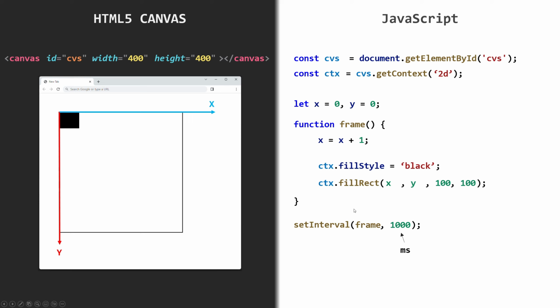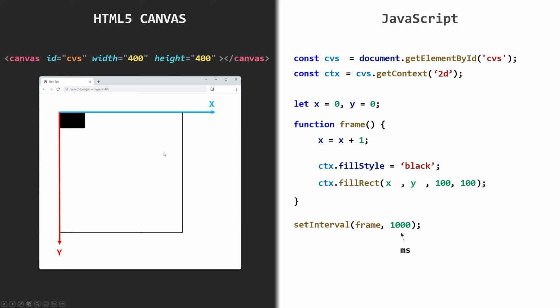Then on the third call, we're going to see another rectangle and so on. So the difference here is that for the computer, whenever we call frame, fill rect is like drawing a new rectangle. And for us humans, we think that this is the same rectangle. Well, that's the same rectangle for us, but for the computer, it's a different rectangle.